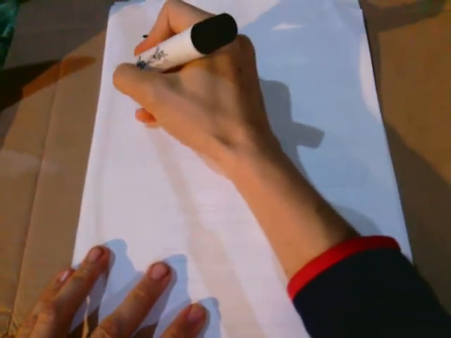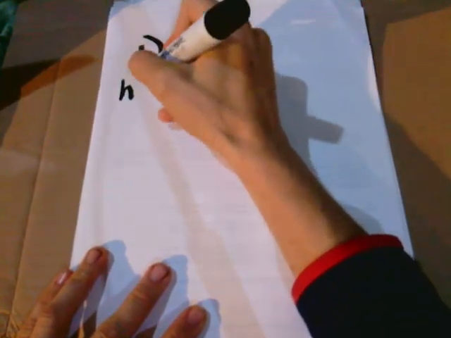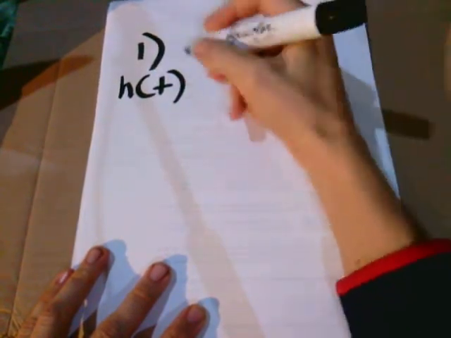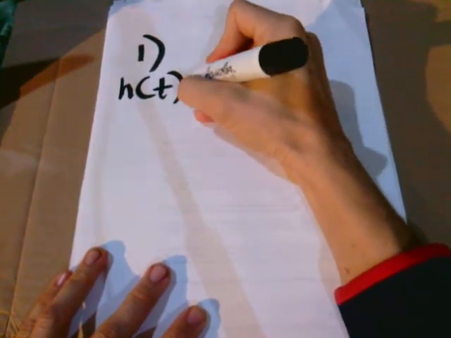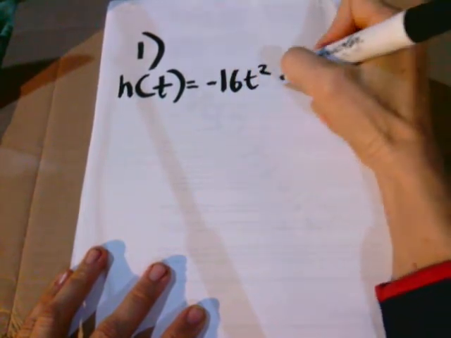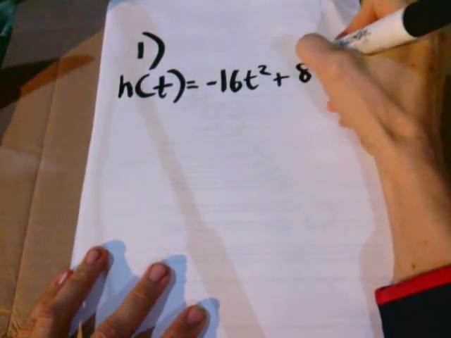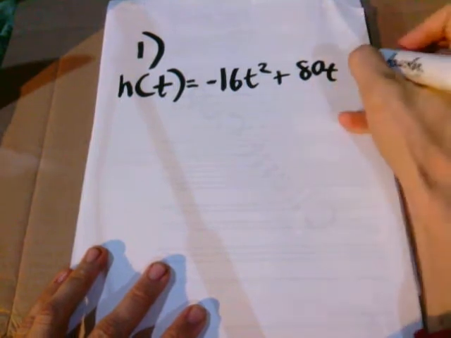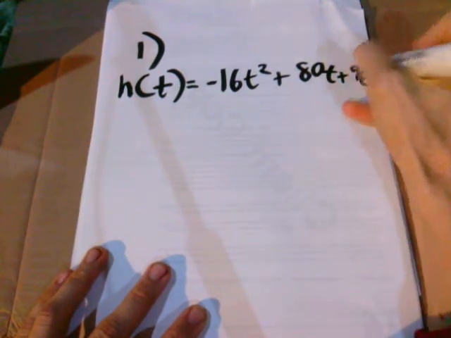So let's write out the equation. H of t equals -16t squared plus 80t plus 96. Okay, so let's think about what the word problem is saying.